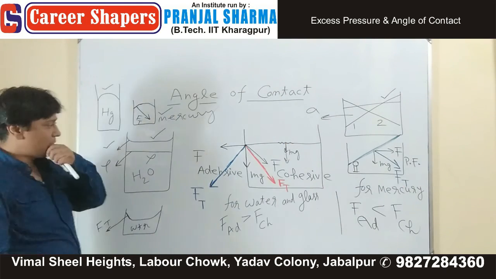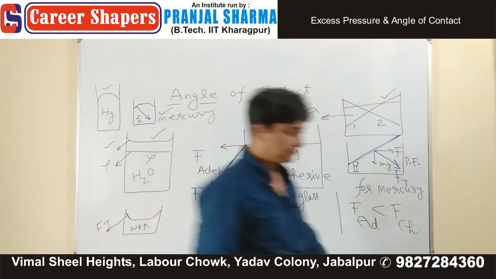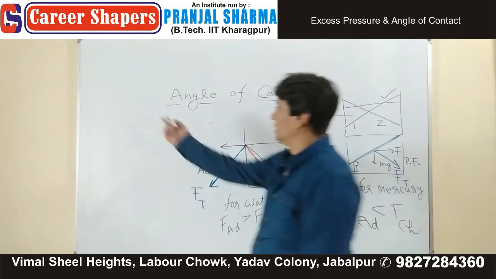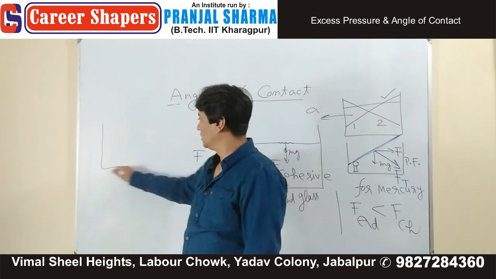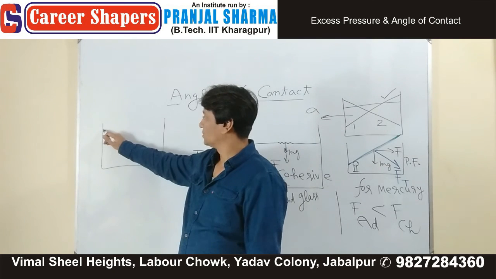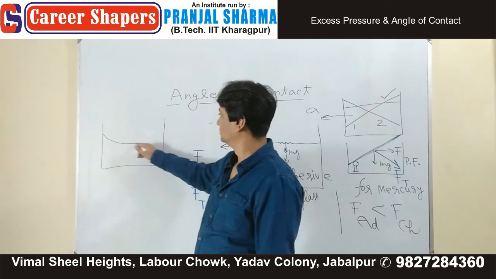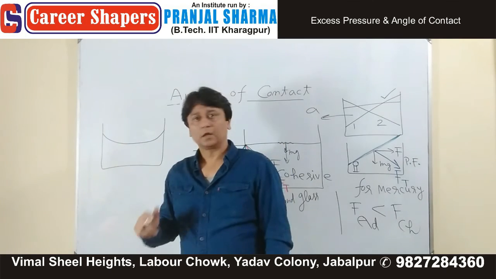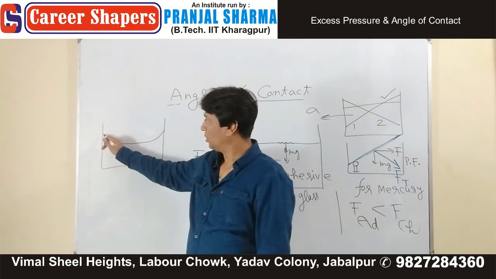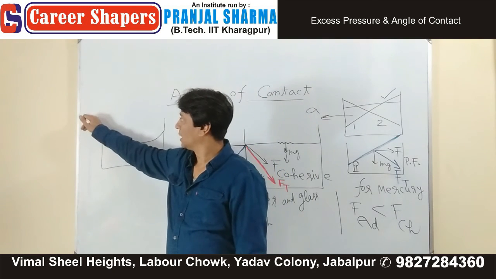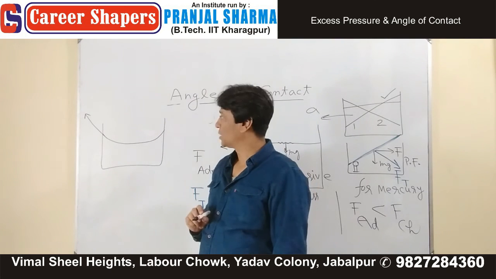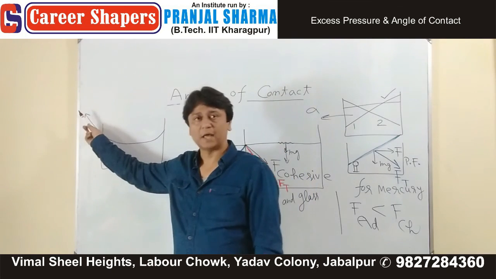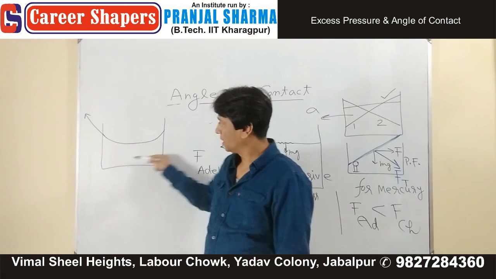Now, let's talk about angle of contact. This is your container, this is water. Draw a tangent on the curved portion. That's a tangent. Use an arrowhead such that the arrow is acting away from the liquid.